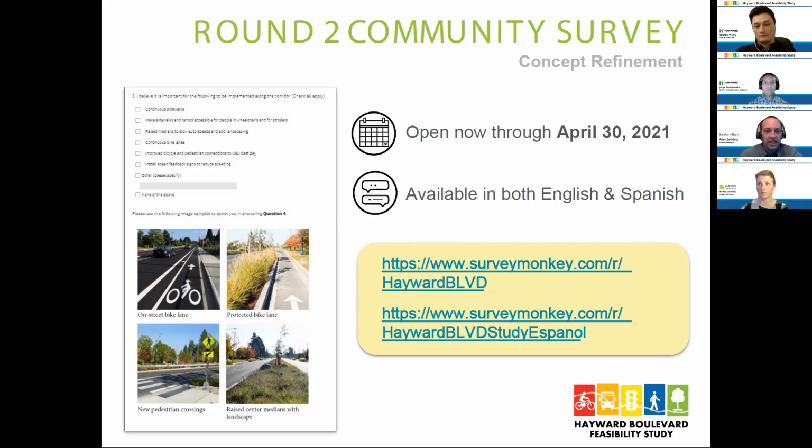But there are going to be many times a day where going from 2 lanes to 1 lane isn't going to impact you at all, because there just isn't that much traffic out on the roadway. So we definitely want to note that by doing the lane conversion, there's a chance it may take you longer to drive the street. And we want to note the benefits of the lane conversion in terms of bicycle and pedestrian safety and auto safety improvements, and really open up the community to provide input on what they'd like to see.